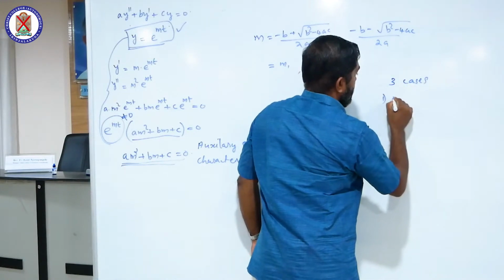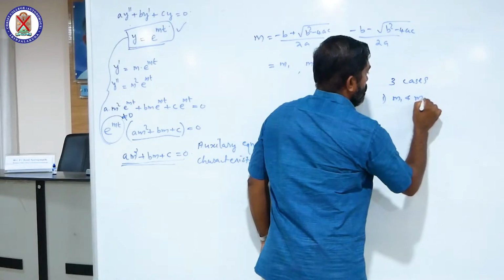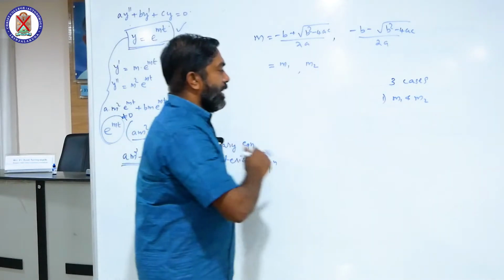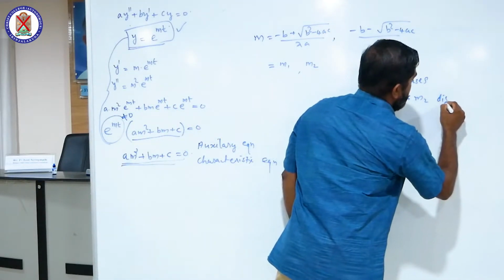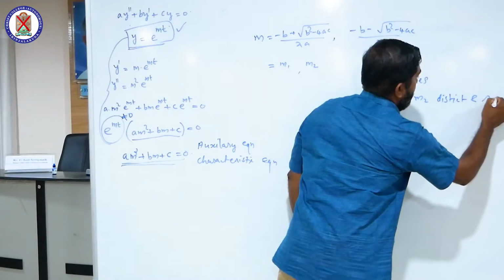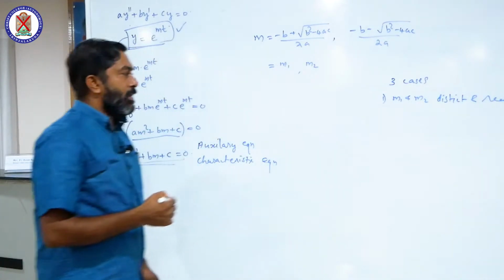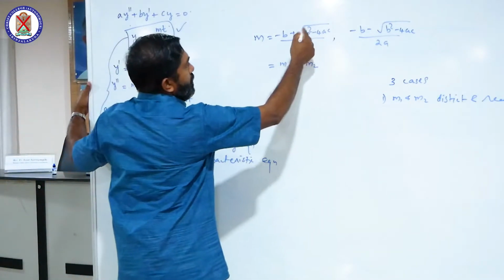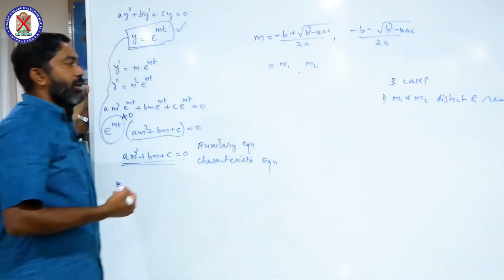First case, m1 and m2 are real and distinct. That is possible when b square minus 4ac is a positive quantity.